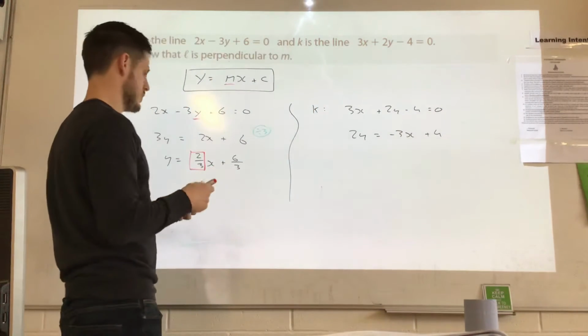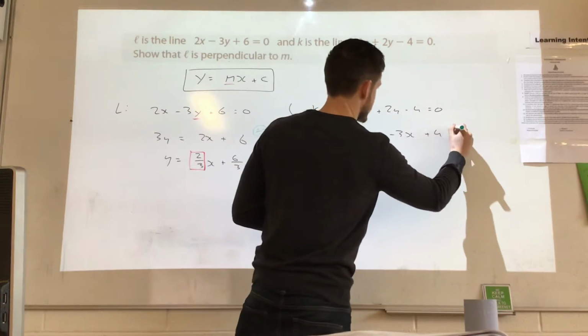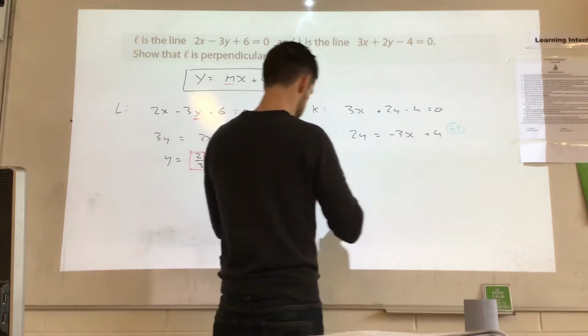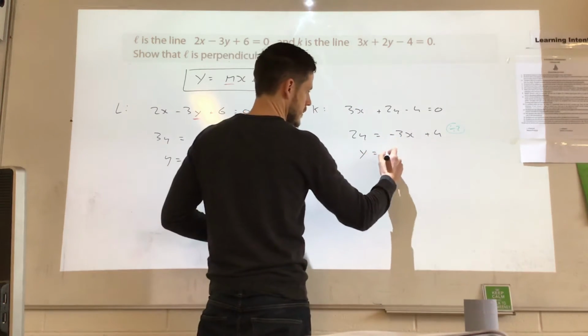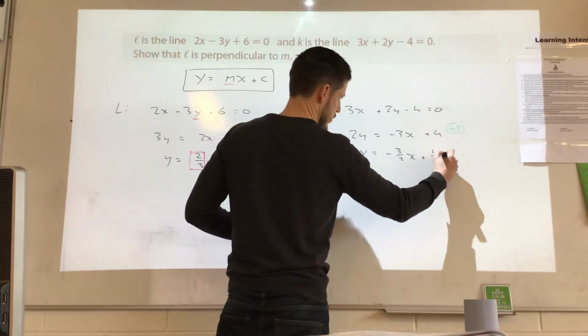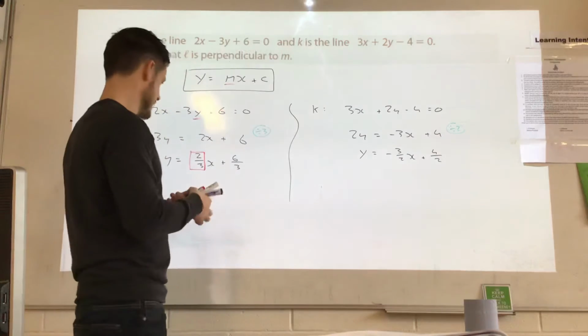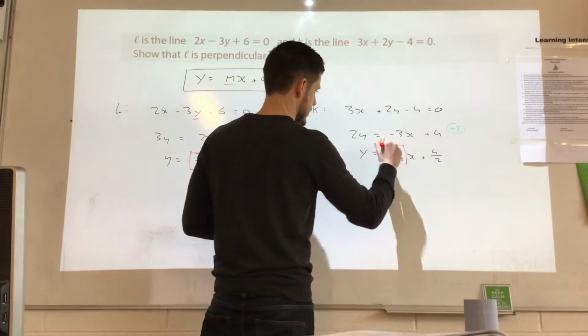I want to get y by itself, but I've got that 2 here. So I'm going to have to divide across by 2. I divide across by 2 and I'm left with just y. That becomes minus 3 over 2 x plus 4 over 2 there. So now I'm left with this slope, which is minus 3 over 2.